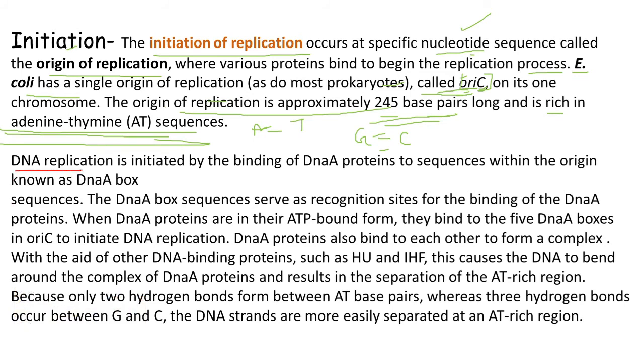DNA replication is initiated by the binding of the DnaA protein. So the first protein is DnaA. It binds to sequences within the origin known as DnaA boxes. The DnaA box sequence serves as the recognition site for the binding of the DnaA proteins.